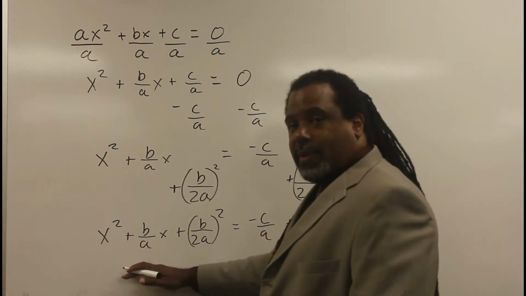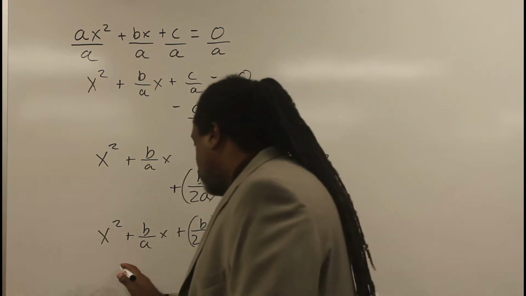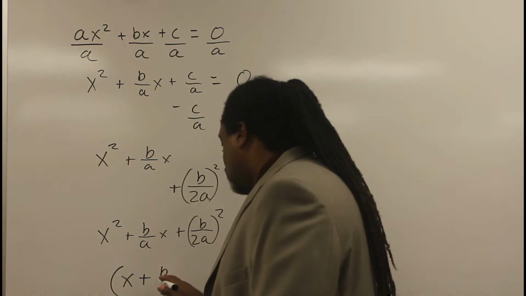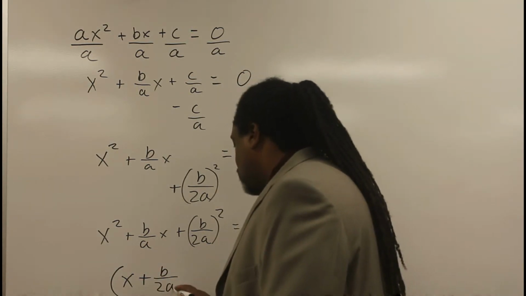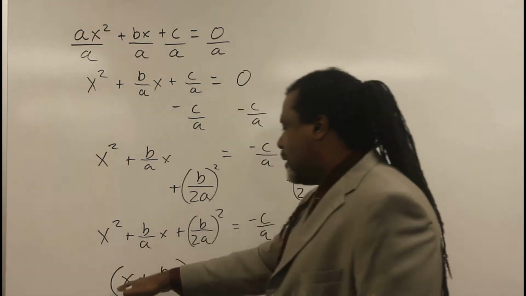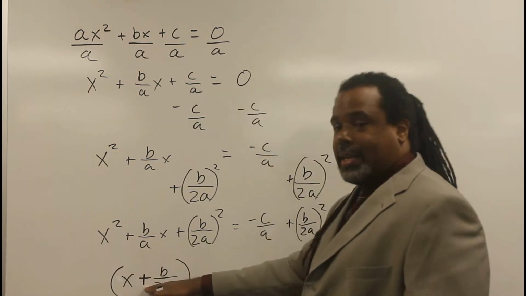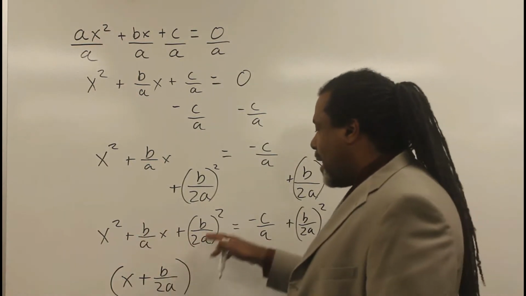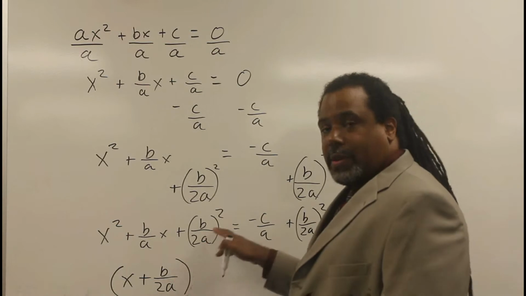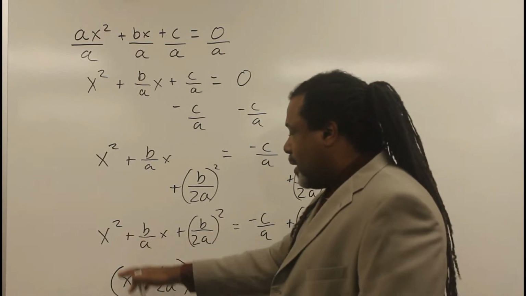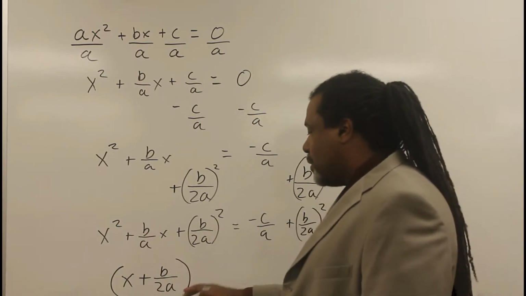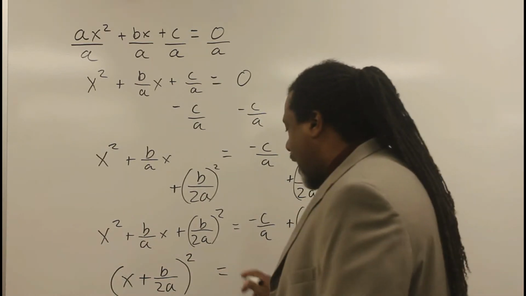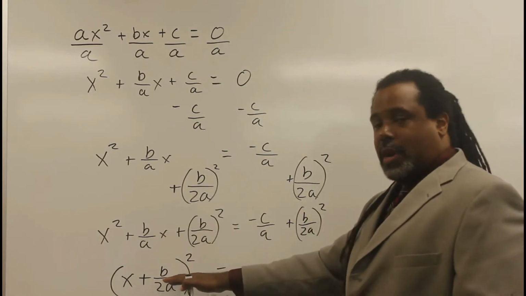The factored form for every perfect square trinomial is x plus or minus, depending on the sign here, plus or minus the square root of your third term. So what I end up with is x plus b over 2a quantity squared. That's the factored form of that perfect square trinomial.